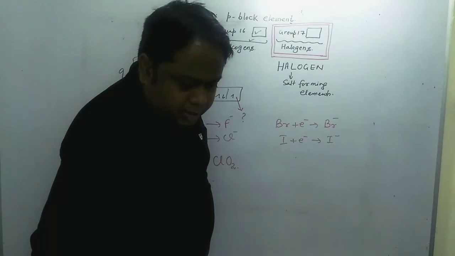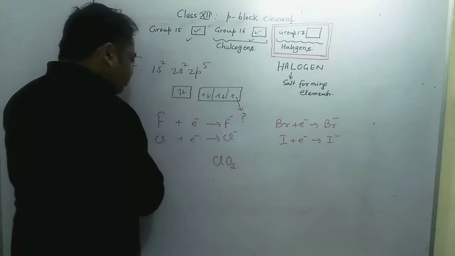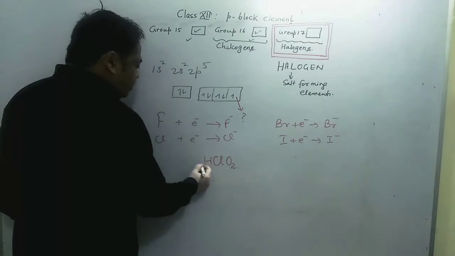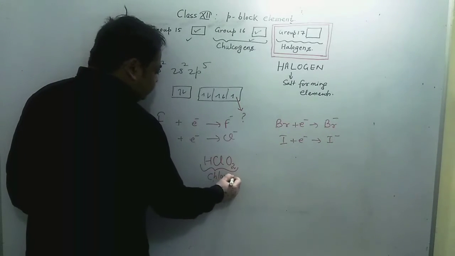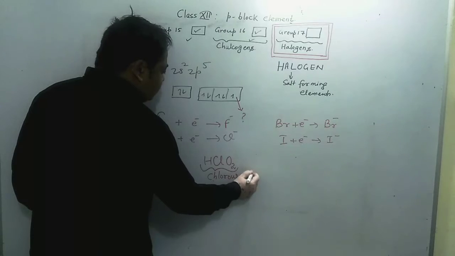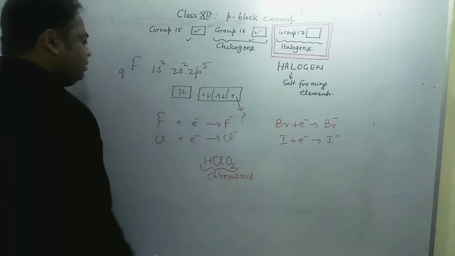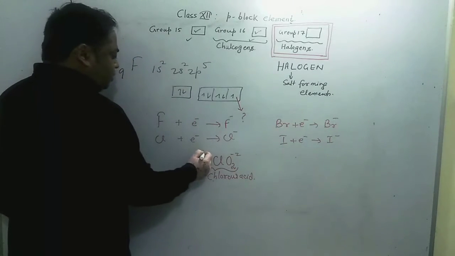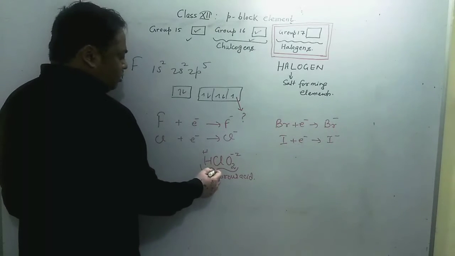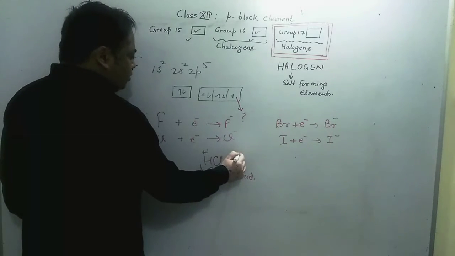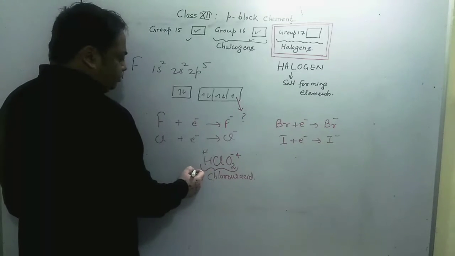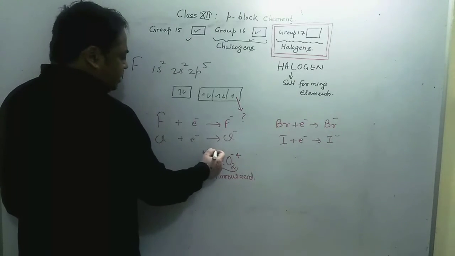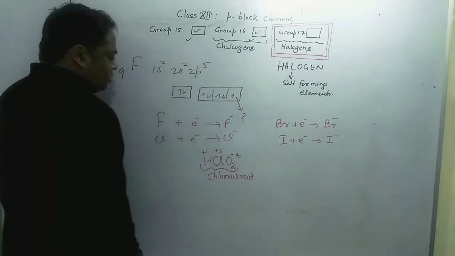What is the oxidation state of chlorine in chlorous acid? This is -2, this is +1, this is -2 into 2, -4. So this will be how much? +3.